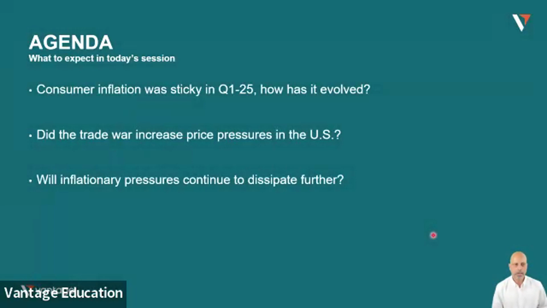We'll also take a look at how the trade war has increased price pressures in the US, to see whether the impending tariffs have had any bump up in prices at the consumer level and at the producer level. And finally, we'll wrap things up by taking a look at how we can expect inflationary pressures to evolve in the second half of this year. Will we see inflationary pressures continuing to dissipate further?